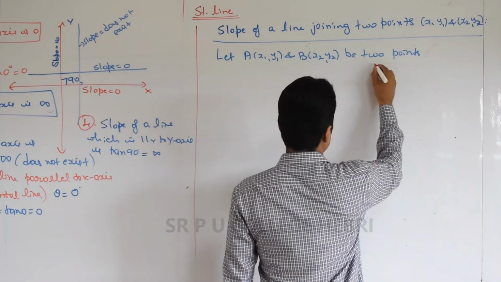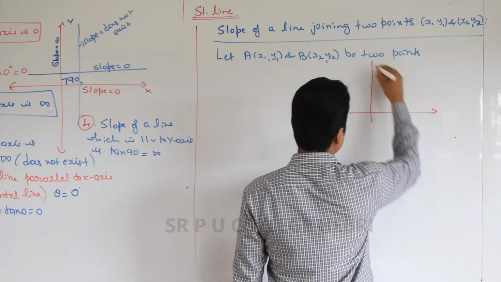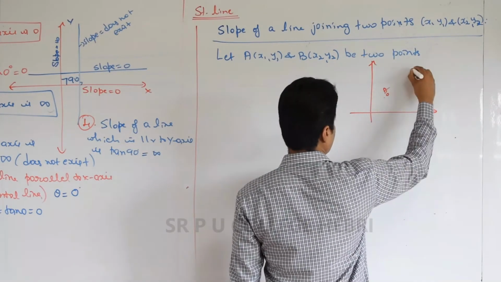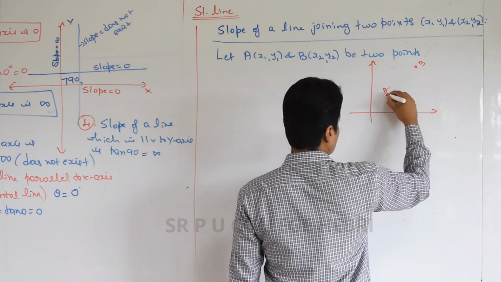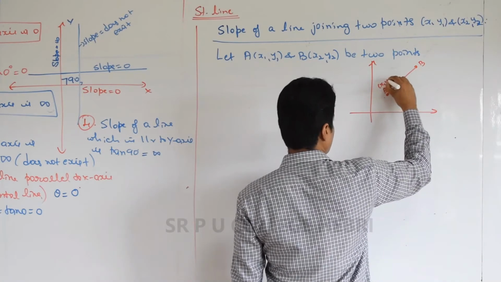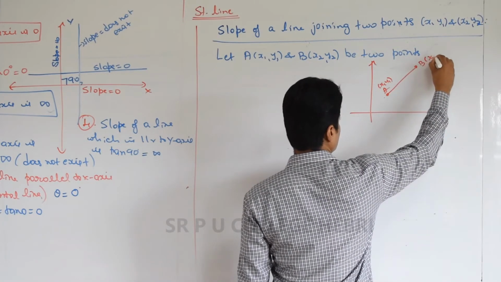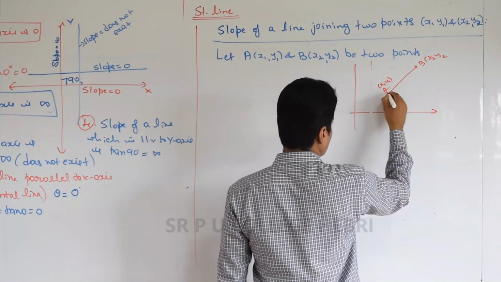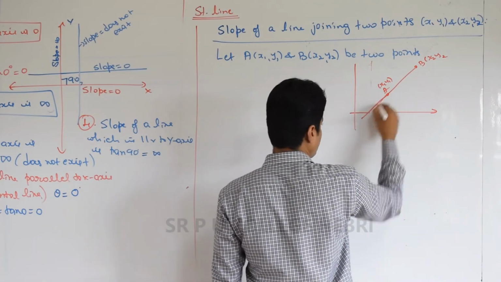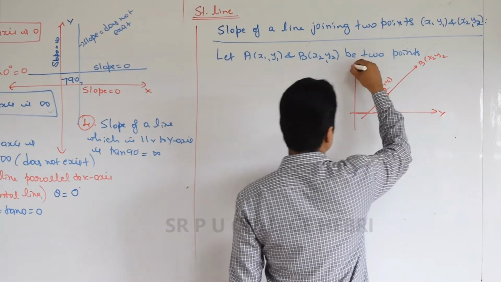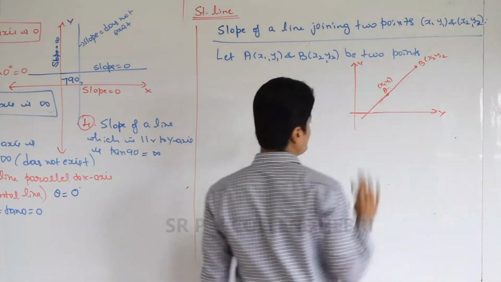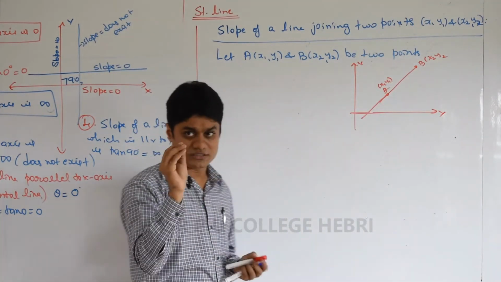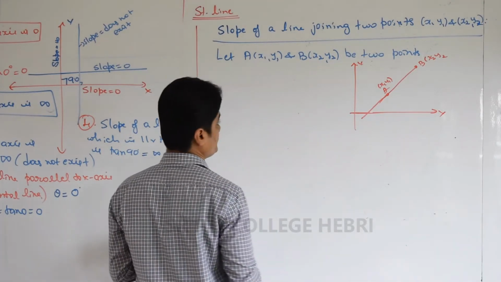One small diagram work, observe carefully. Consider points A and B with the coordinates x1 y1 and x2 y2. I have to extend this line here. This is the x-axis, this is the y-axis. We have a simple construction, as follows.